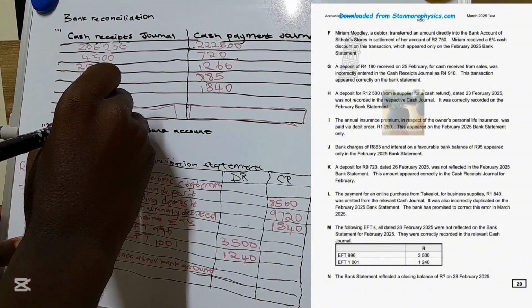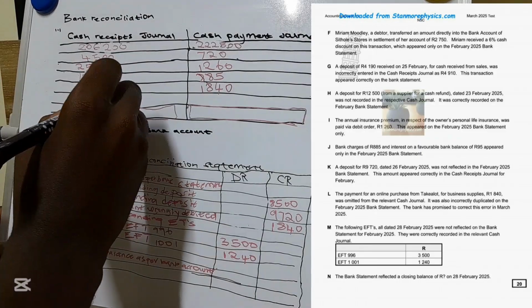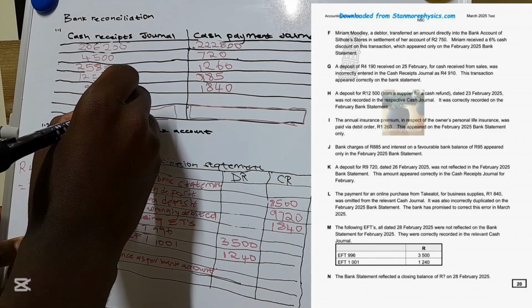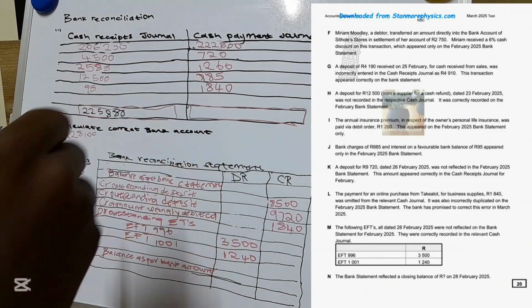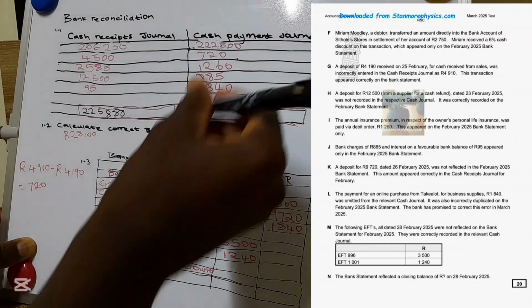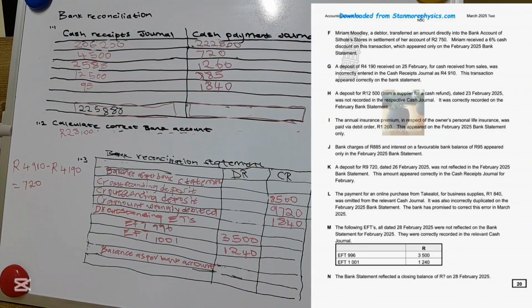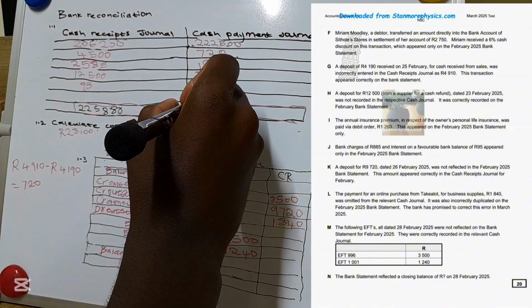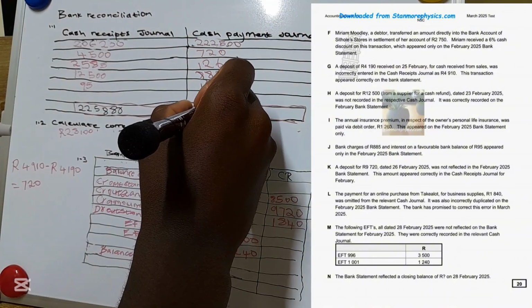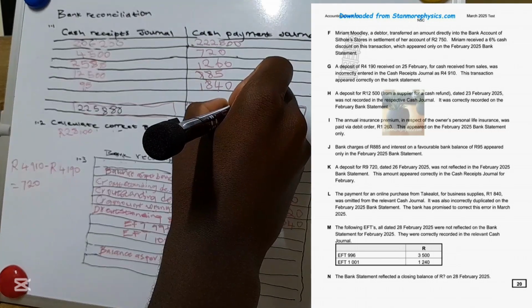Then under the cash payment journal, we're also going to add all of these amounts, which is going to give us 227,205.